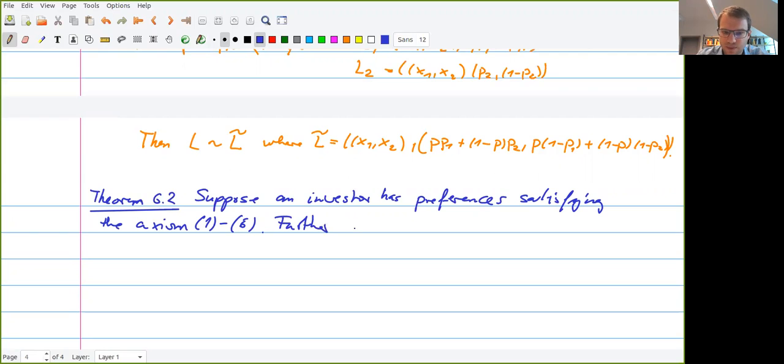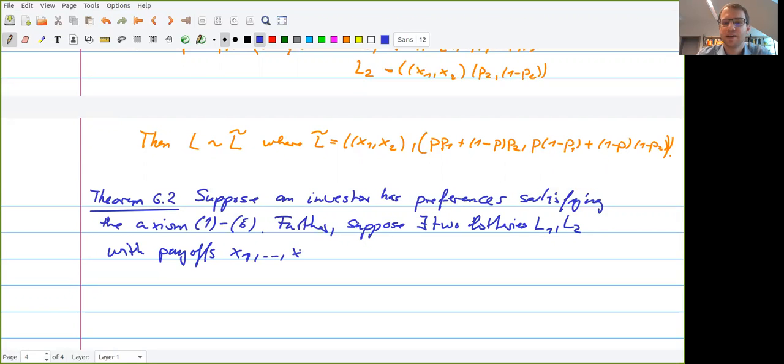Further, we assume that there exist 2 lotteries, let's call them L1 and L2, with payoff. Right, they pay the same, so they both pay x1 to xn.